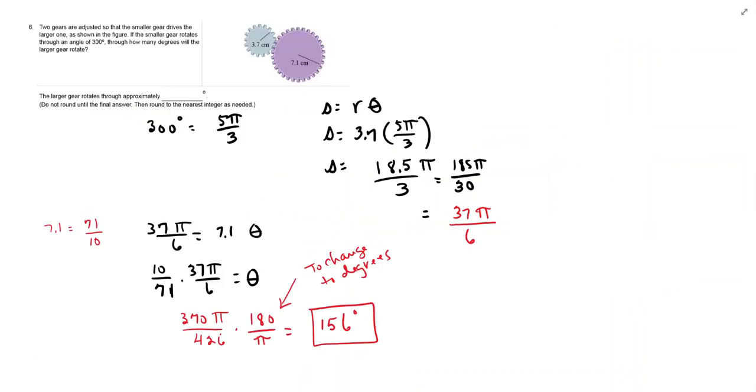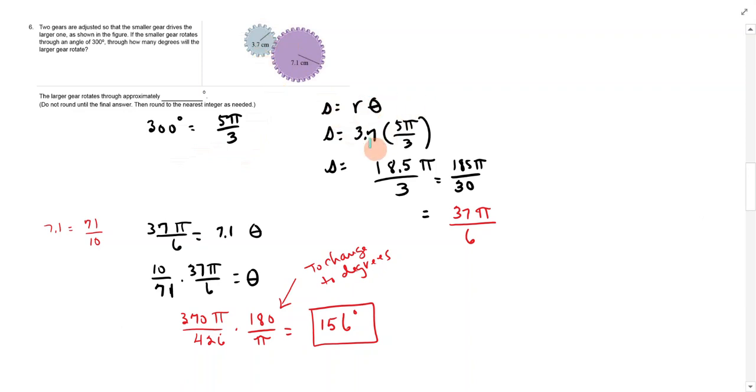Number 6 is the two-gear problem. The first thing we're told is the smaller gear rotates through an angle of 300 degrees. Remember, we changed that into radians, so that's 5 pi over 3. We want to figure the arc length for that one.